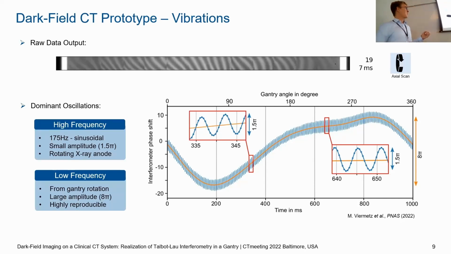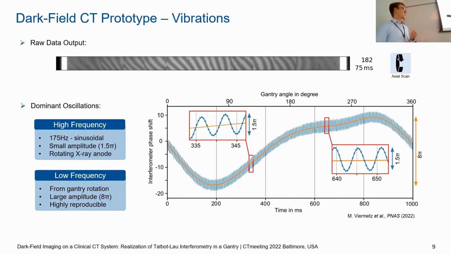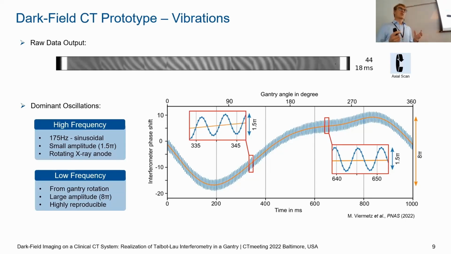But here it's important to analyze this movement, and we see that we have two dominant oscillations in the system, which are a high frequency oscillation caused by the rotation of the X-ray tube anode, and a much slower one, which is caused by the deformation of the gantry during the rotation.